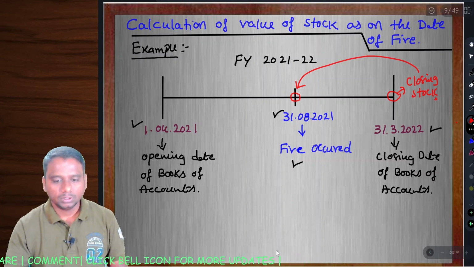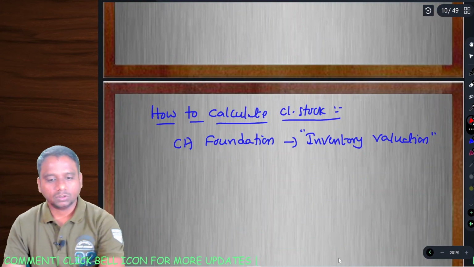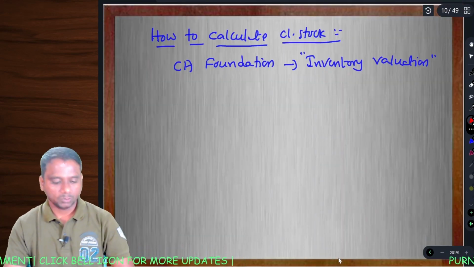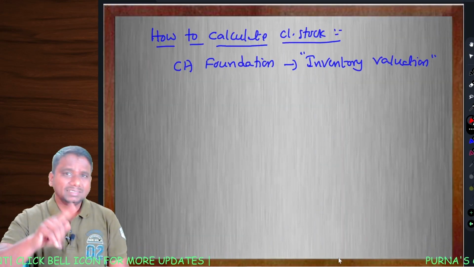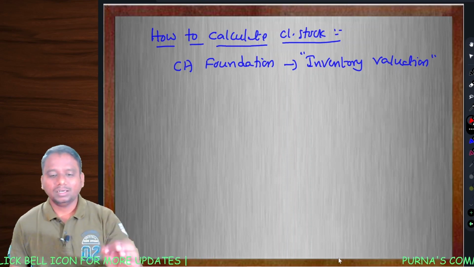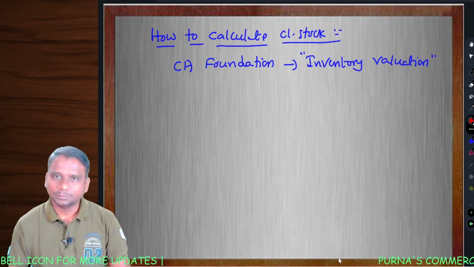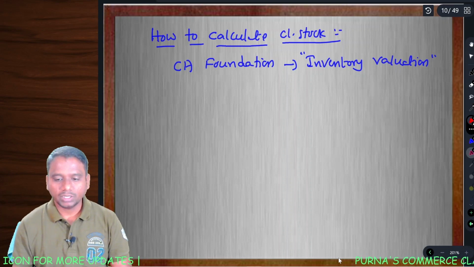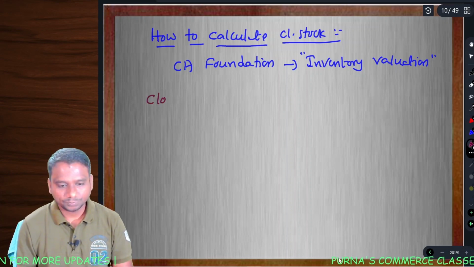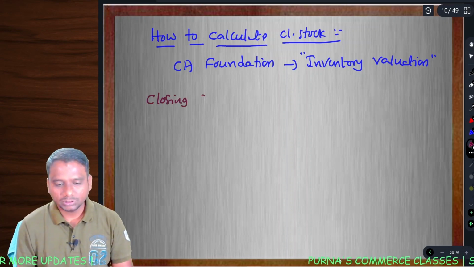Okay. Now we'll try to calculate closing stock. How to calculate closing stock? In CA foundation level, under the chapter of inventory valuation, we understood how to calculate closing stock. Yes or no? Yes. To calculate closing stock, we have different methods, two systems.